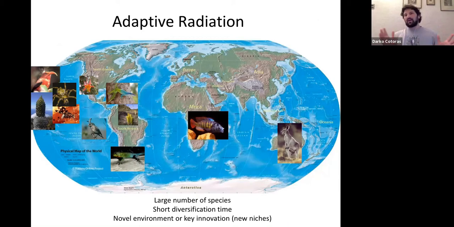Adaptive radiations are perhaps one of the most interesting phenomena in evolution. They correspond to the rapid diversification of a big number of species in a very short period of time. Associated with this diversification, there are some ecological axes which allow those species to partition the niche of where they live.